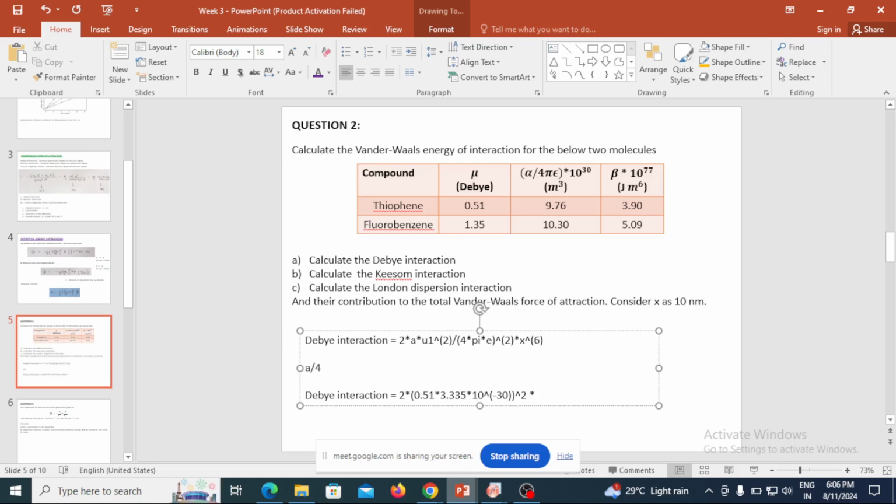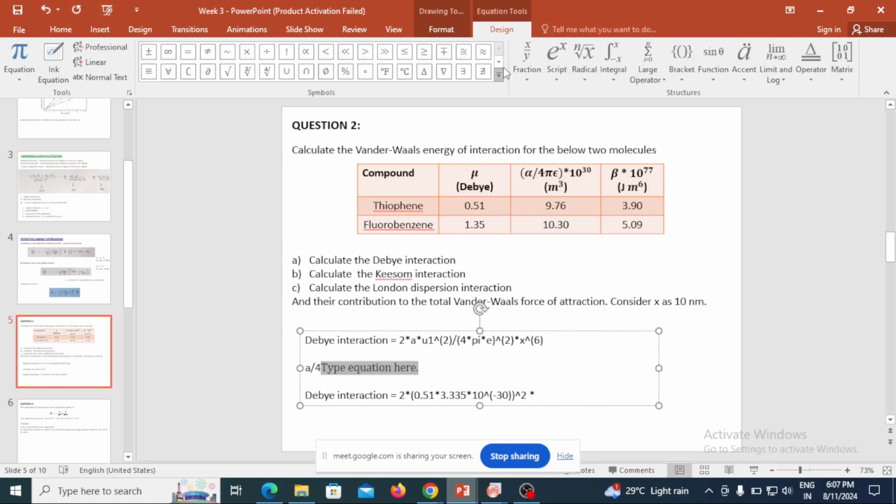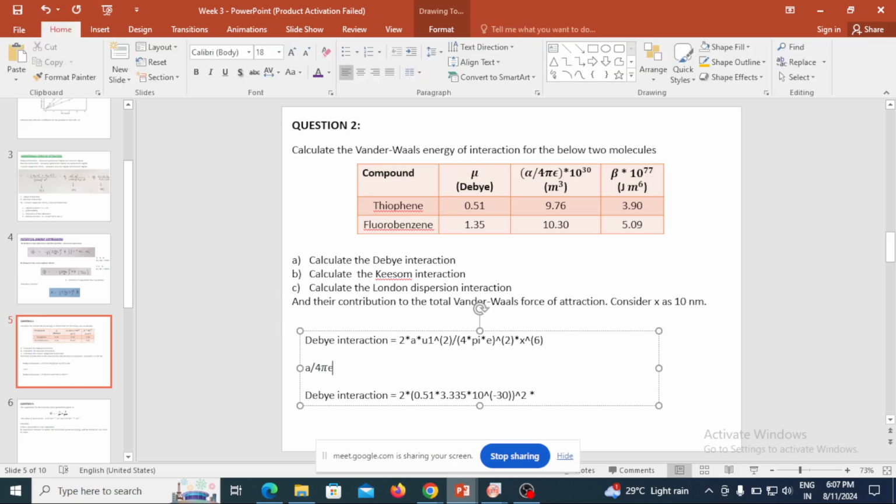Alpha by 4 pi epsilon into 10 to the power 30 is equal to 9.76.